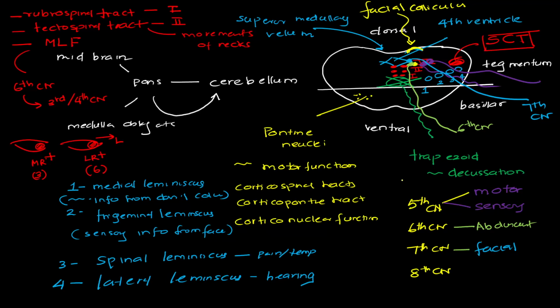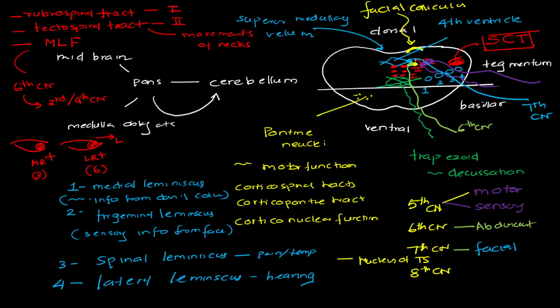Now there is a separate nuclei that is present close to this, which is known as the nucleus of tractus solitarius. I'll use the abbreviation TS. It relays information of taste on the anterior two-thirds. It also consists of a few sensory fibers that are coming with the trigeminal nuclei.